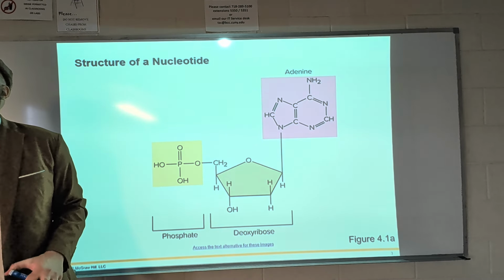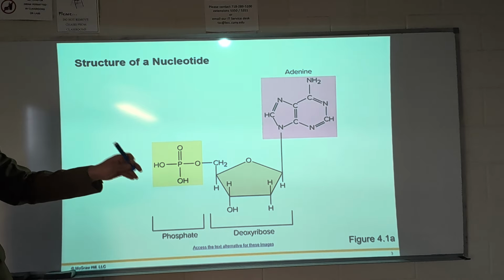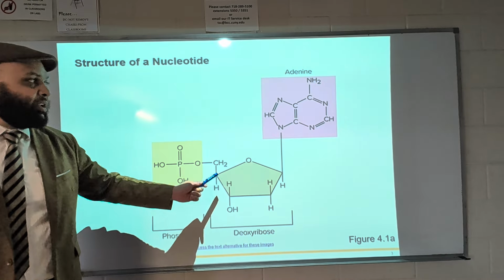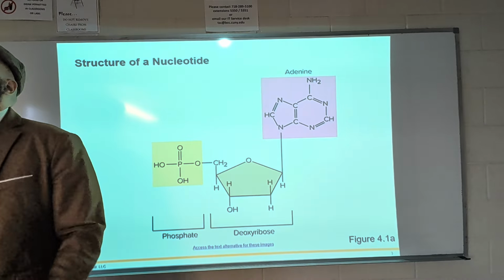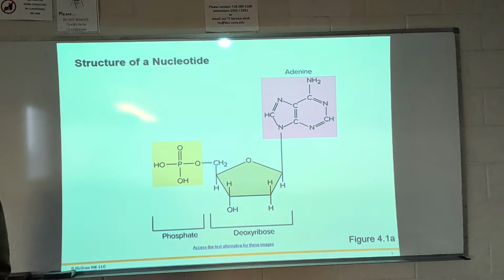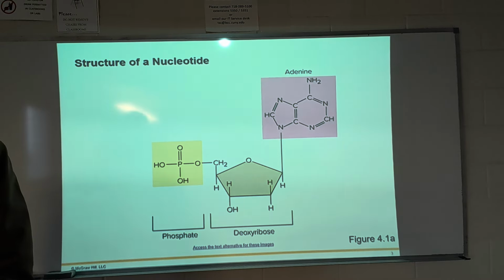So a nucleotide is so interesting that it has a sugar as a part of it. Sugar becomes a part of the nucleotide. In addition to the sugar in the middle, what is that in pink? Adenine. That's a nitrogenous base.